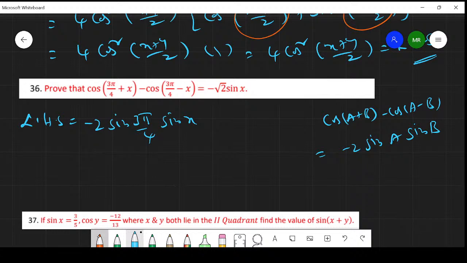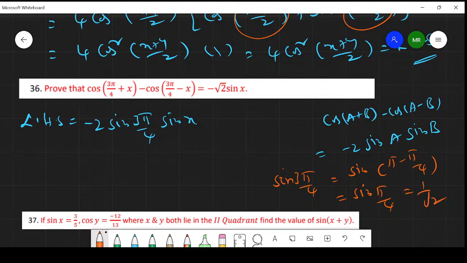What is sin 3π/4? 3π/4 is 135 degrees, the second quadrant, so I can write sin of (π − π/4). Sin of (180 − θ) is sin θ only, so it will be sin π/4. The answer is 1 by root 2.